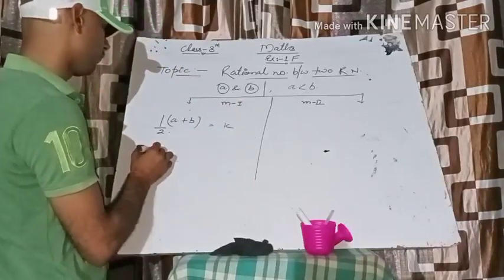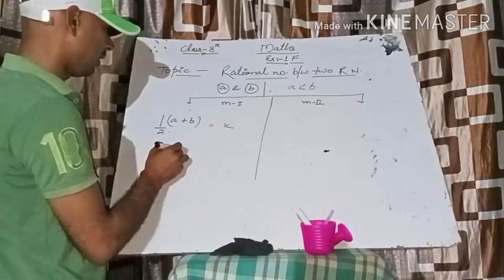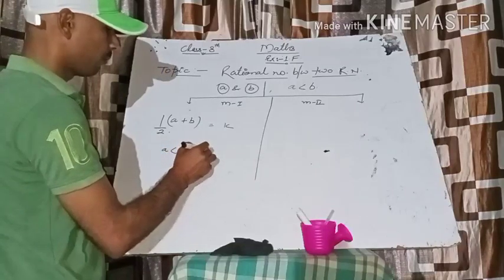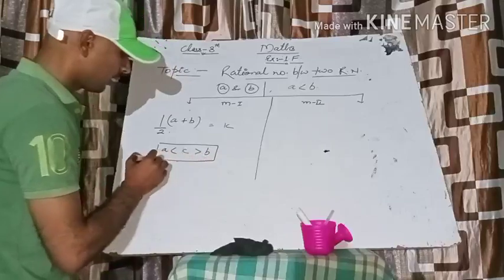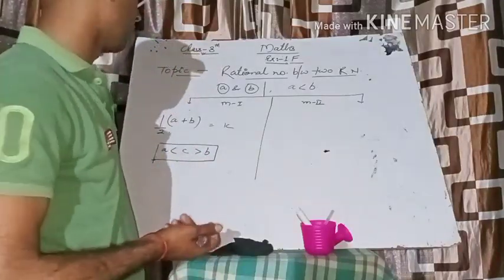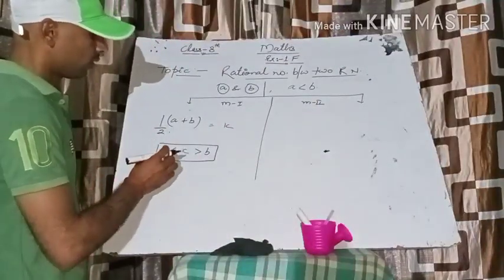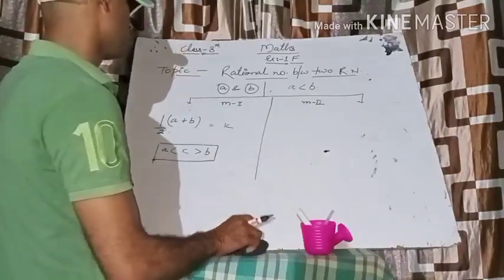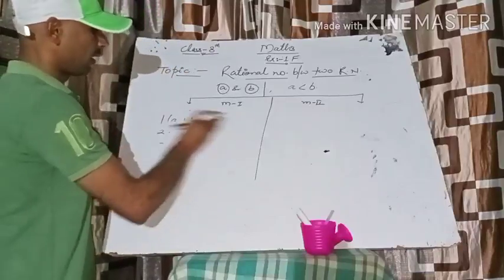This k lies between A and B, somewhere in between the two. So it is beneficial to calculate one rational number between any two rational numbers. Now see, let's take one example here.